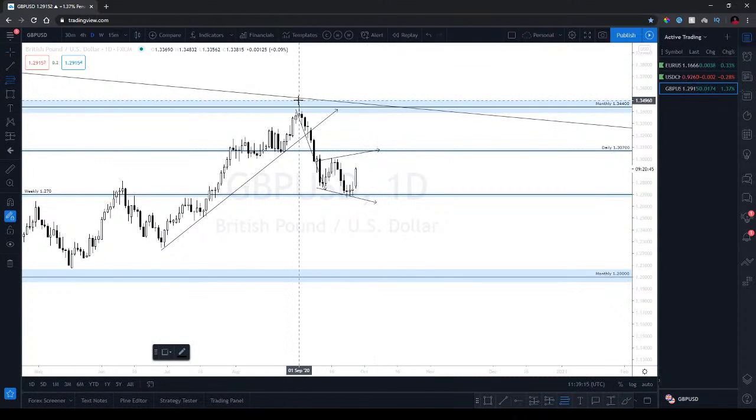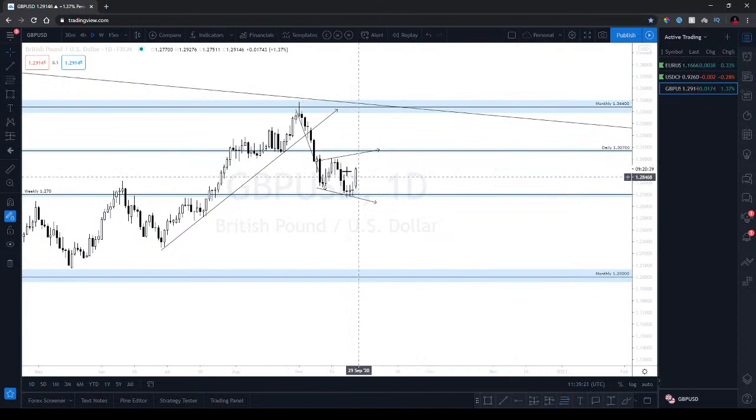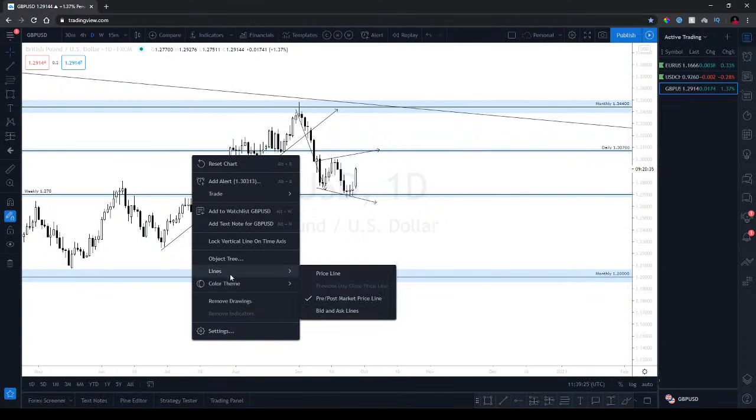Now, if we check for all our confirmations, that's right on the 50 Fibonacci level, so that is perfect. So I'm gonna set my alert right here.